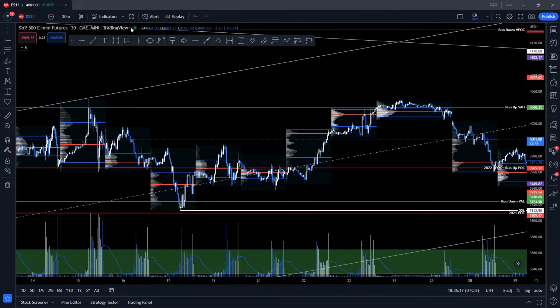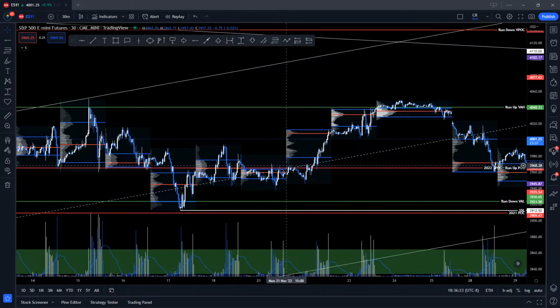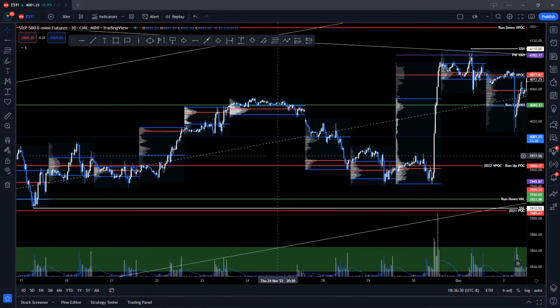I want to turn the candles off for a second. Okay, this is a P. It looks almost like a little bit of a double distribution, but this is an uppercase P.